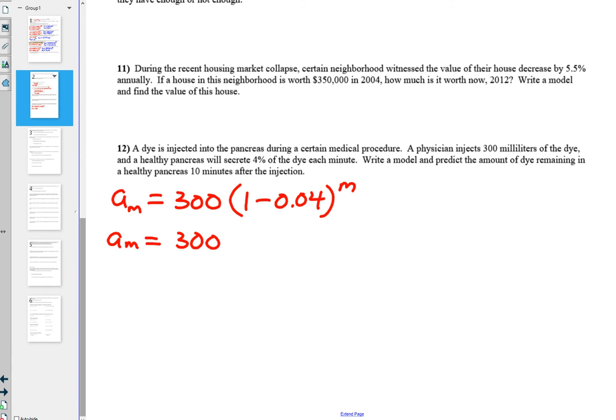If you don't want to write that, the more important one is the second one. Make sure that we know the decay factor is 0.96. And then if they want to know 10 minutes, we can say A sub 10 is equal to 300 times 0.96 to the power of 10.